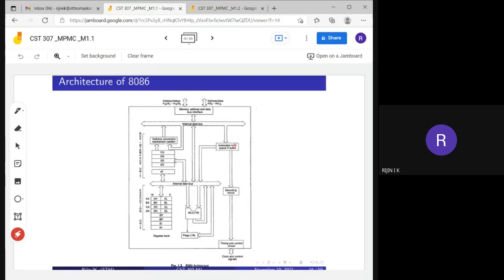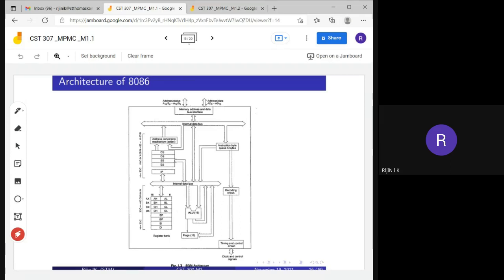Okay, then the next block is the instruction queue, or instruction byte queue. In the 8086 microprocessor, the instruction byte queue is a 6-byte long queue. Queue means, as you know, it works in first in, first out manner. When the execution unit is executing an instruction, at the same time the bus interface unit fetches the instruction code of the next instruction to be executed.